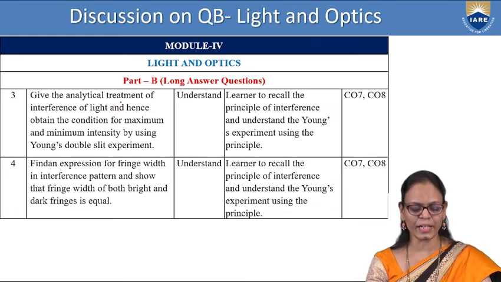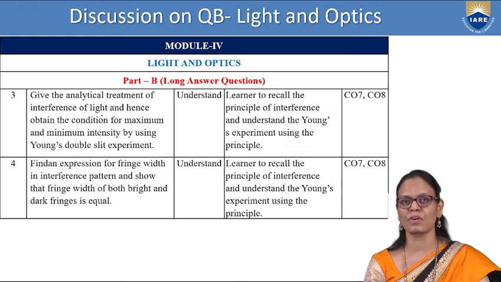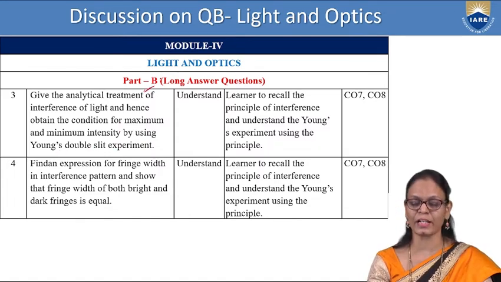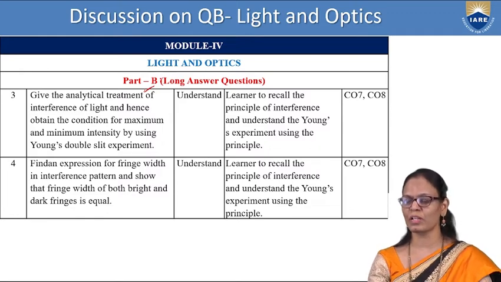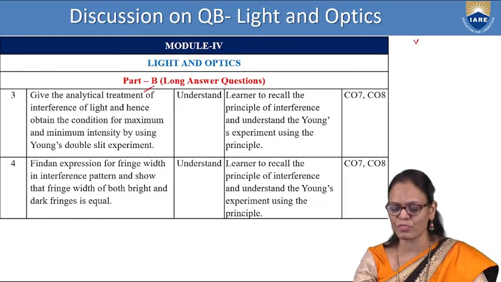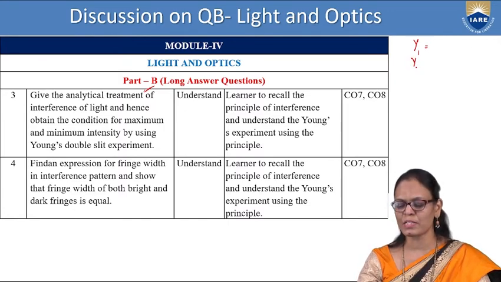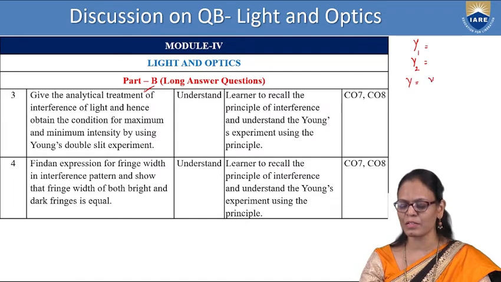Next, give an analytical treatment of interference of light and hence obtain the condition for maximum and minimum intensity using Young's double slit experiment. When we talk about analytical treatment, you first write the displacement due to the first wave, the displacement due to the second wave, and the resultant displacement, y equal to y1 plus y2.